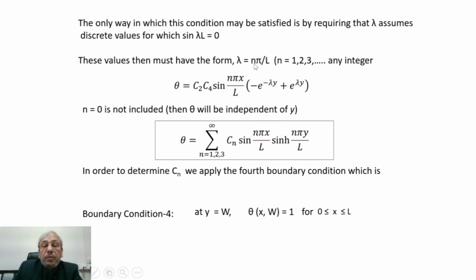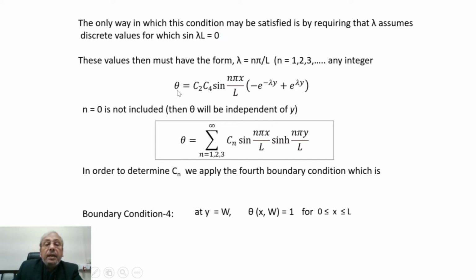Those lambda values have to be found out for which sin lambda L is 0. So lambda will be given by n pi by L, where n equal to 1, 2, 3 or any integer. Lambda equal to pi by L, lambda equal to 2 pi by L, lambda equal to 3 pi by L. For all these, sin lambda L equal to 0 will be satisfied.